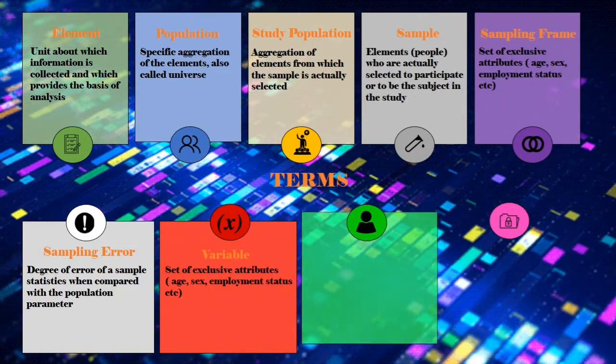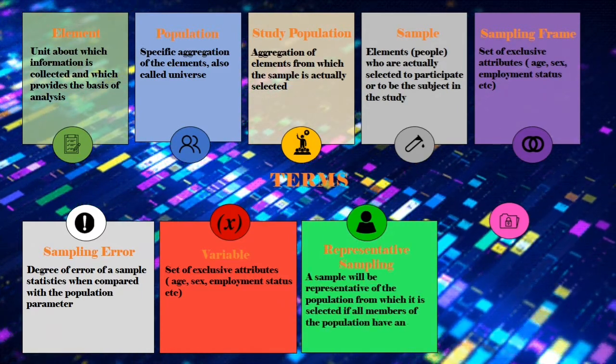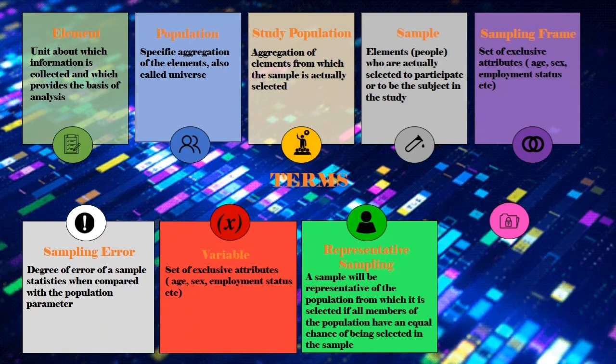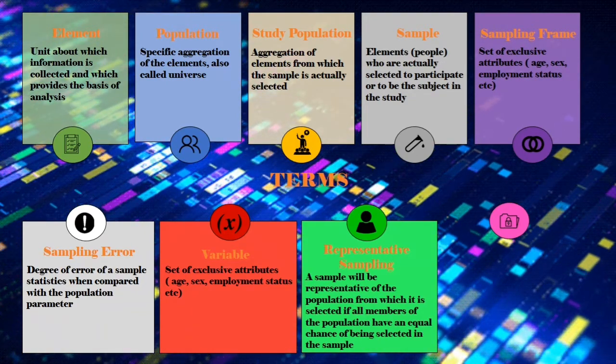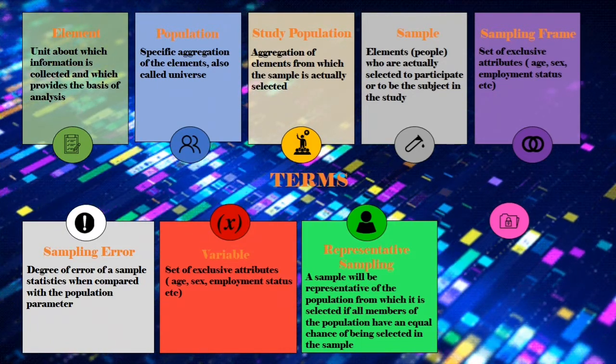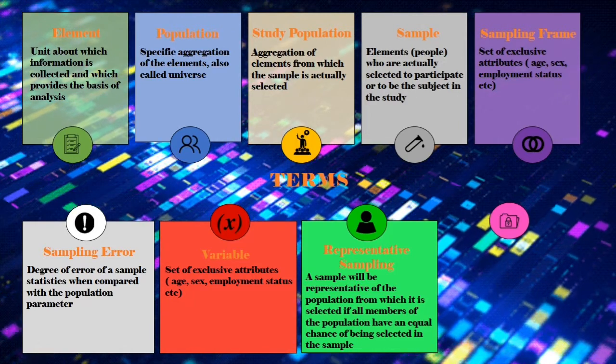Now we have representative sampling. This means a sample will be representative of the population from which it is selected if all of the population have an equal chance of being selected in the sample.